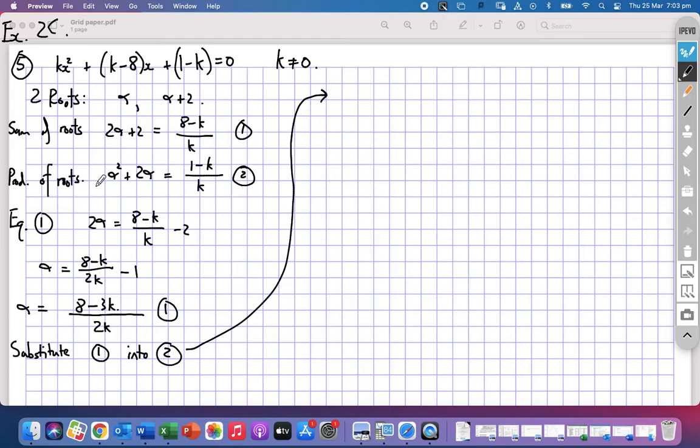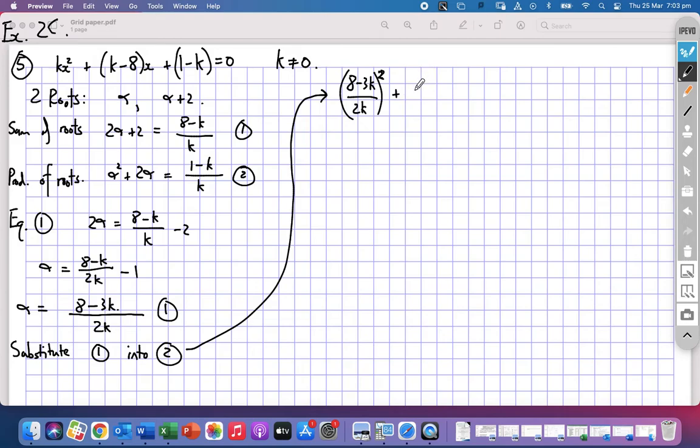So everywhere I see an alpha, I'm going to now make it 8 minus 3k on 2k. So I've got 8 minus 3k on 2k squared. That's this bit here, and I've got a 2 alpha.